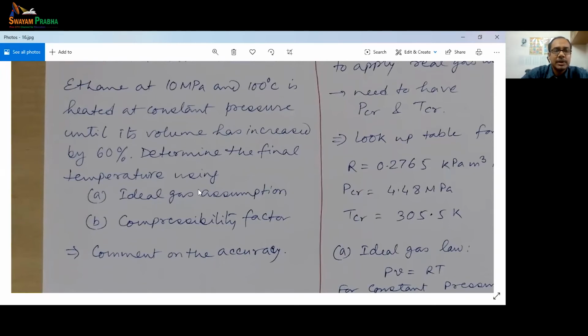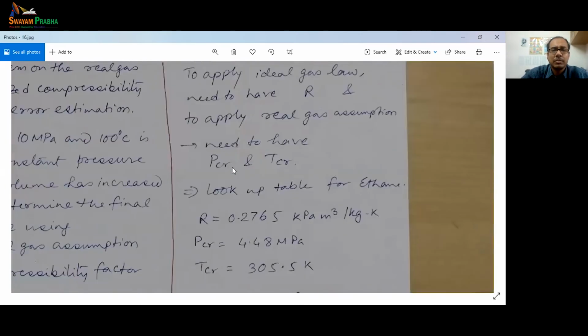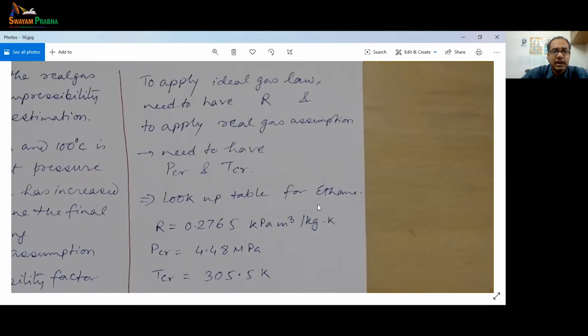Determine the final temperature using, again, either the ideal gas or the real gas assumption for compressibility factor, and then comment on the accuracy. So it's a straightforward problem of using the compressibility chart, but one trick is there. We will see when we encounter that.